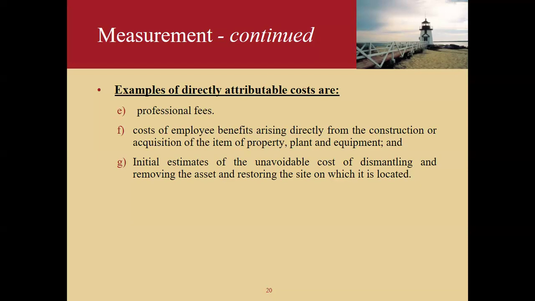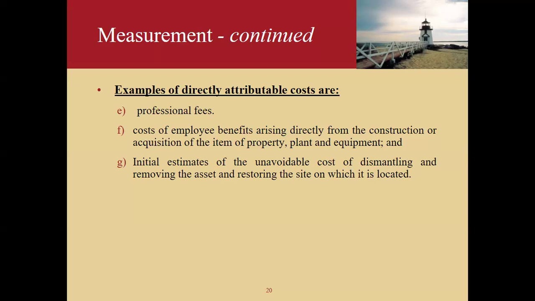Maybe you've paid any bonuses or allowances to employees as you're constructing or acquiring this property, plant and equipment. Also, that cost that is specifically going to that item is what you have to consider, not the general allowances and bonuses in your business.